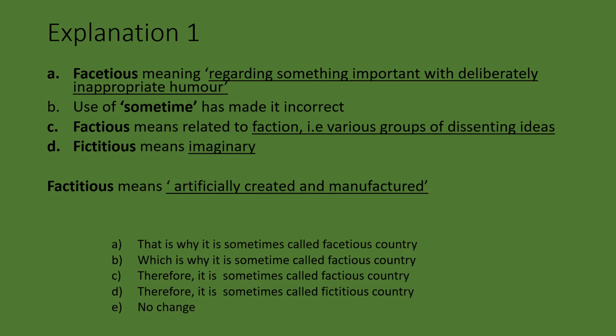Now at the bottom of that ad, it is written that all the characters, all the things are fictitious. So don't imitate it. So it means imaginary. And that's why it's incorrect. Imaginary, this is a word that does not fit here.